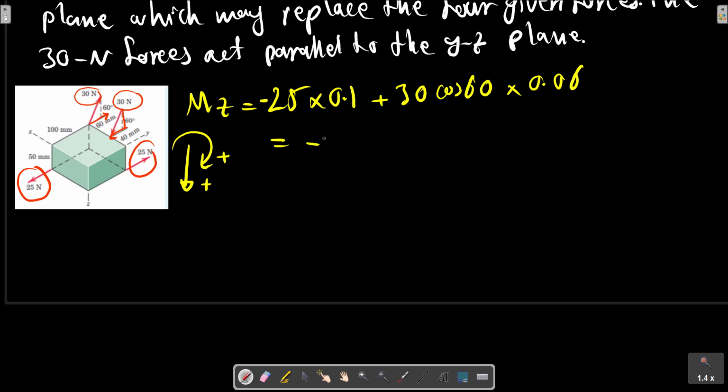Mz can be calculated and is 1.6 Newton meter.